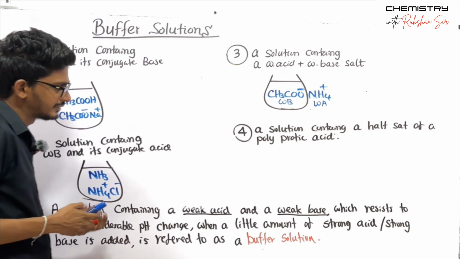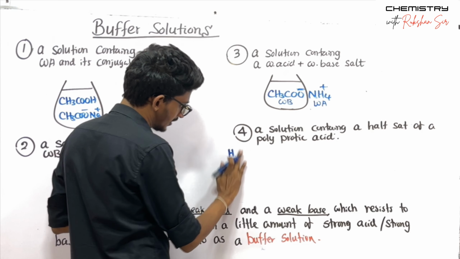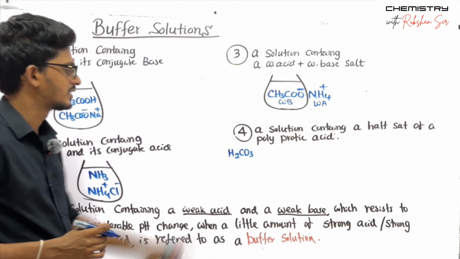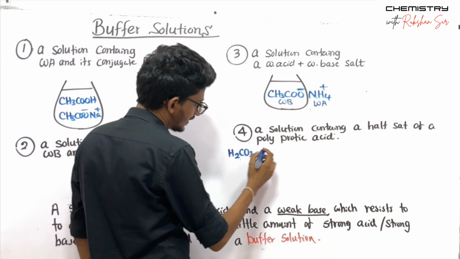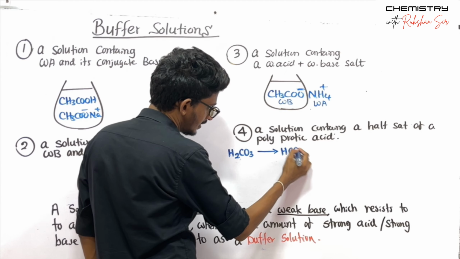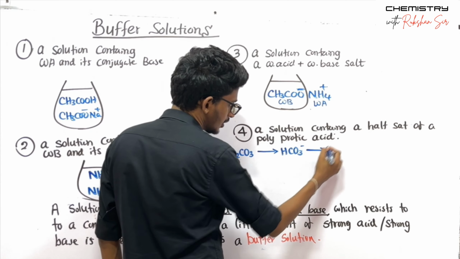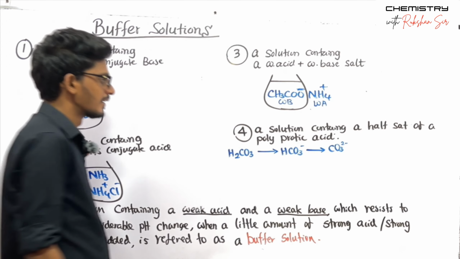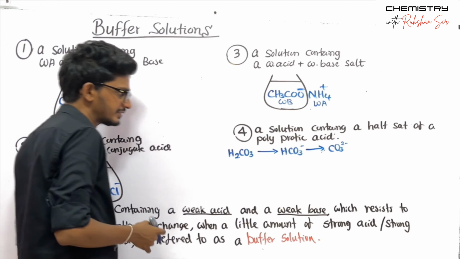If you consider H2CO3, the diprotic or dibasic weak acid, it can release an H plus to produce HCO3 minus, and it also can release an H plus to produce CO3 2 minus, showing the acidities.